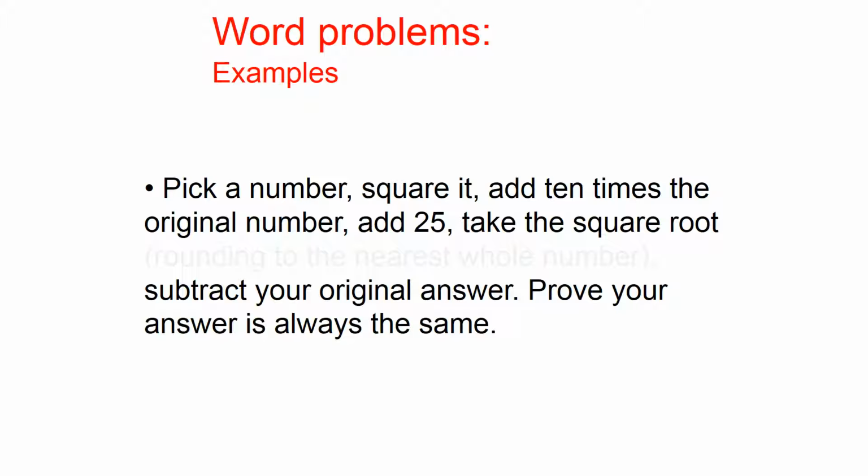Just looking at n squared plus 10n plus 25, this should look familiar from when I talked about perfect squares, where the two brackets are the same.